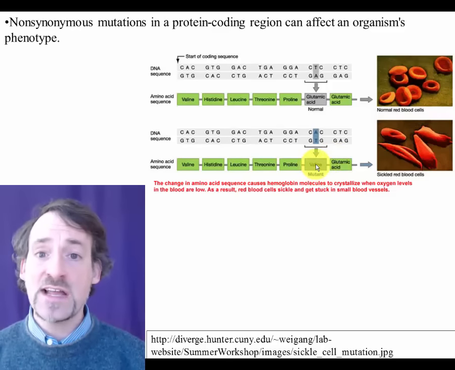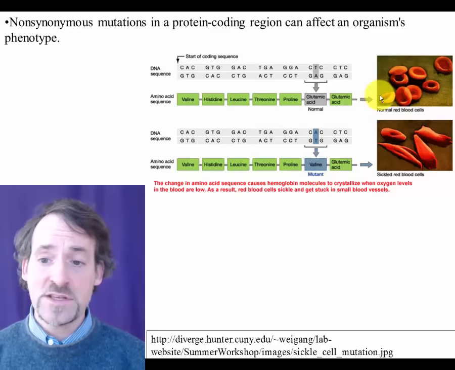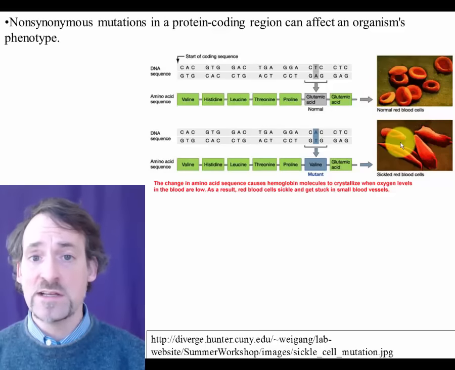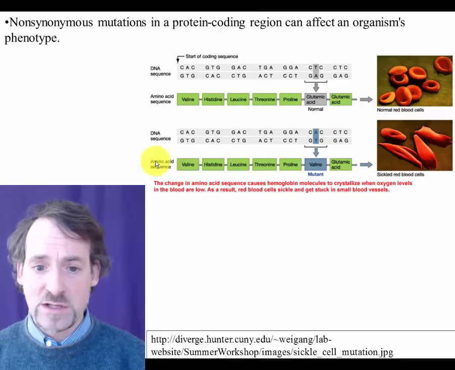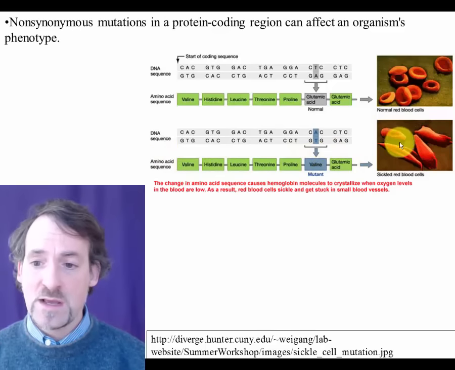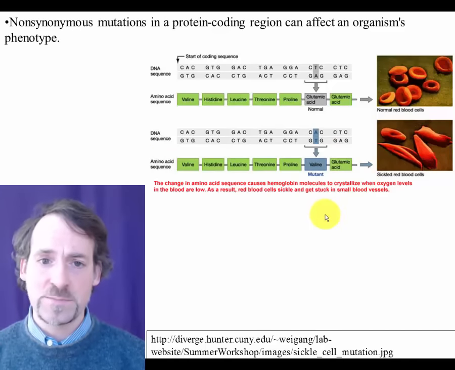And that changes the whole behavior of the resulting hemoglobin protein. This is the mutation that is responsible for what's called sickle cell anemia, because hemoglobin made with this protein structure causes cells to form this sickled shape.